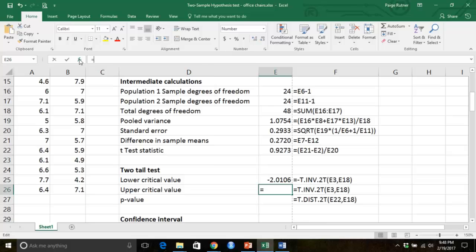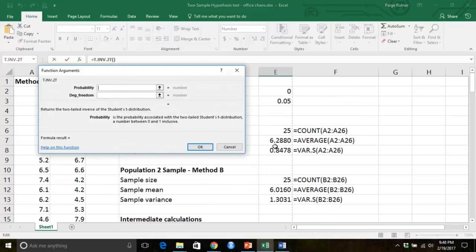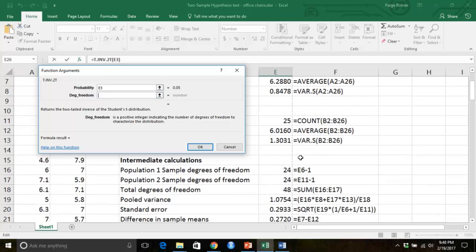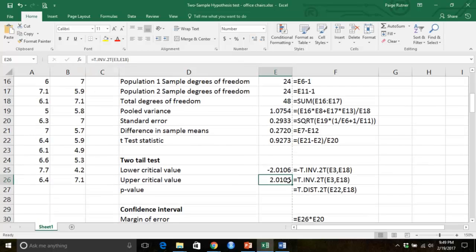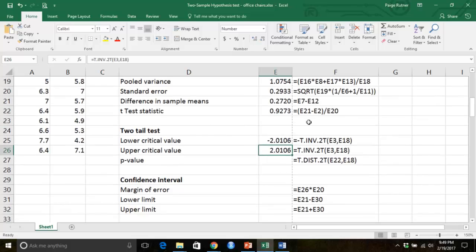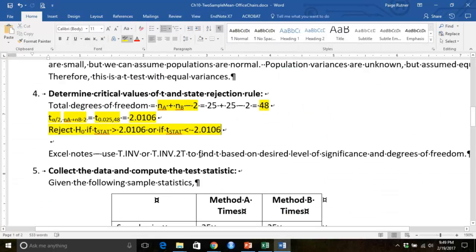Then I can just repeat the process, get that T inverse two-tailed, giving it my alpha value of 0.05 and my total degrees of freedom of 48, and I can get that 2.0106 upper tail critical value. And so that is where the numbers that were stated in my rejection rule actually came from.